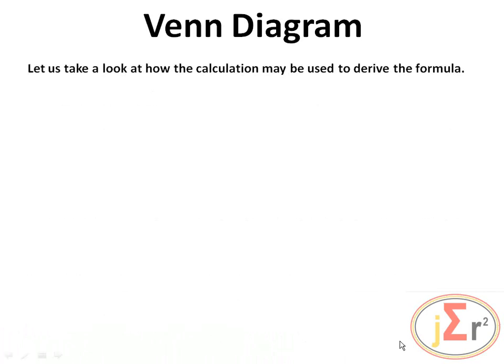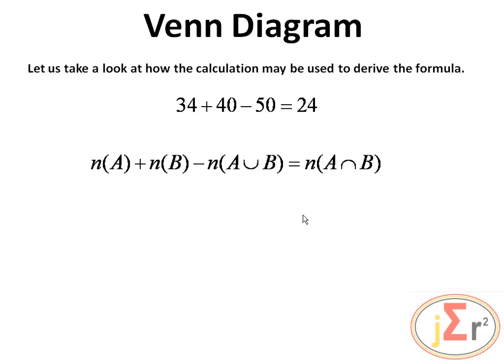So let us take a look at how the calculation may be used to derive the formula. So we have 34. Can you remember what 34 represented? What 40 represented? What 50 represented? And what 24 represented? If not, we have it right there.